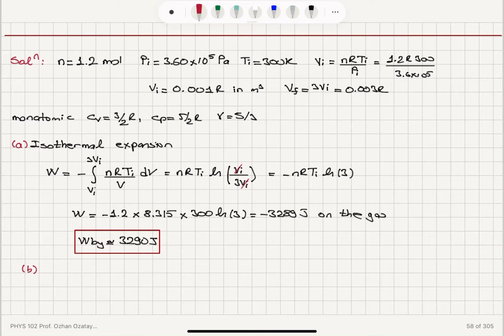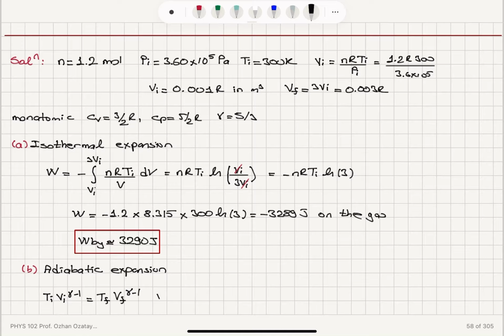Part B is adiabatic expansion. In the adiabatic expansion process, we can write T initial V initial to the gamma minus 1 equals T final V final to the gamma minus 1.